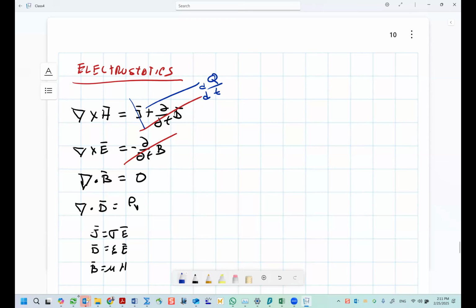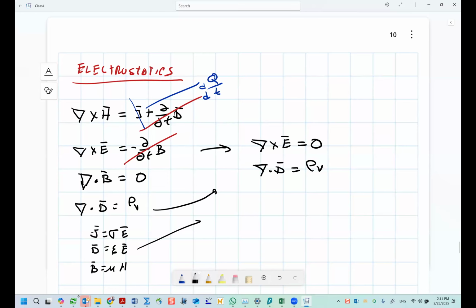So something is moving there. Fortunately, we don't even need it. So the two equations that we need are the curl of E equals 0, and the divergence of D equals rho V, with D equal to epsilon E.